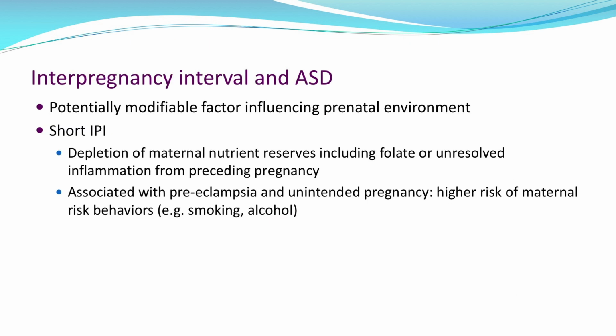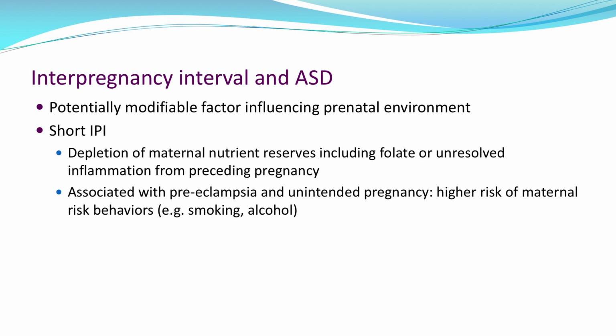Interpregnancy interval, I think, is something that my colleague, Kili Cheslak-Postava, found in a California birth cohort, and she started working with me, did a fellowship with me, and wanted to study that in Finland, and said, why not? So it's a potentially modifiable factor influencing prenatal environment.